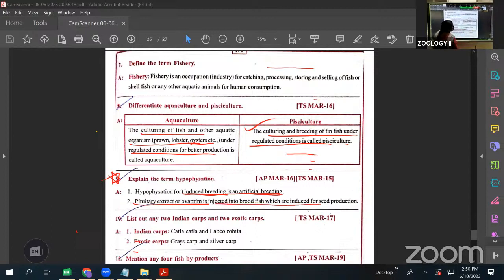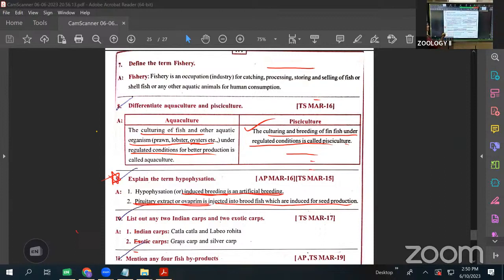It induces seed production. The fishes then produce a number of ova that we use as seed. This is called hypophysation, also called induced breeding or artificial breeding.